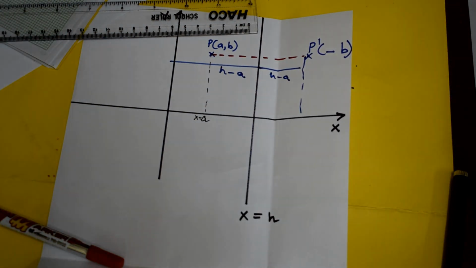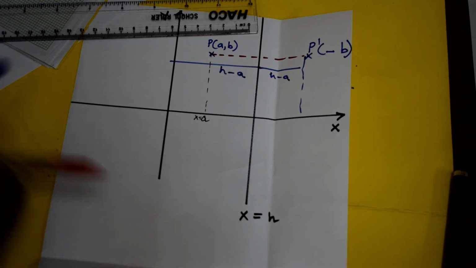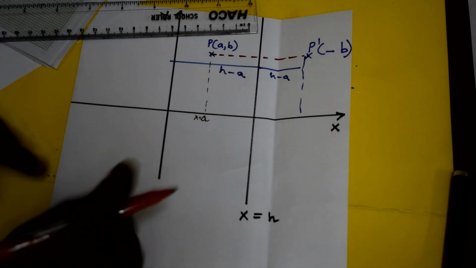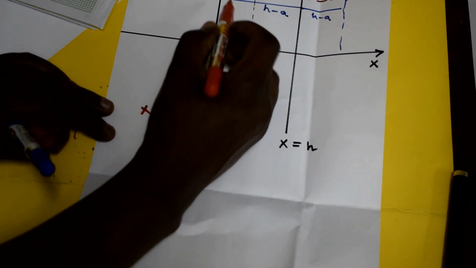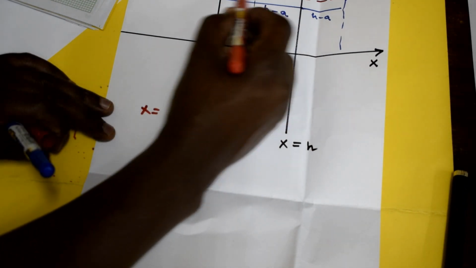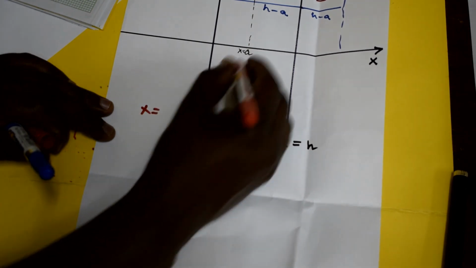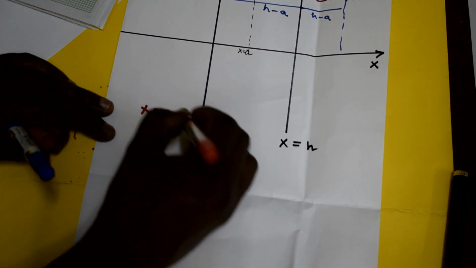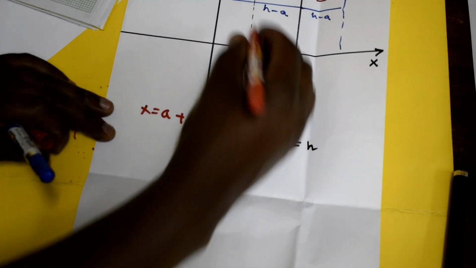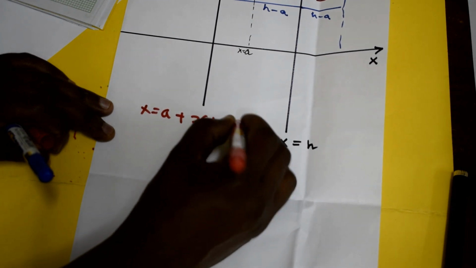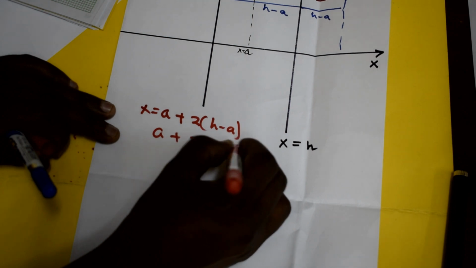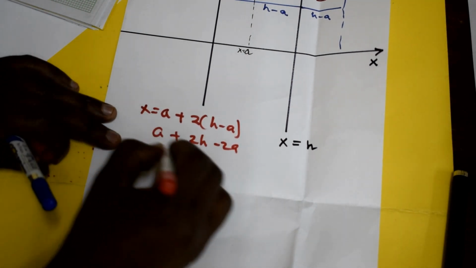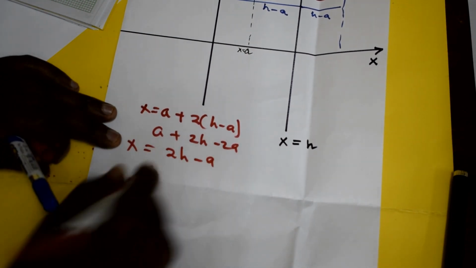So we need the x coordinate. So the x coordinate will be given by a, which is this distance, x is a here, plus twice h minus a, and therefore if we simplify this one, we get 2h minus a.